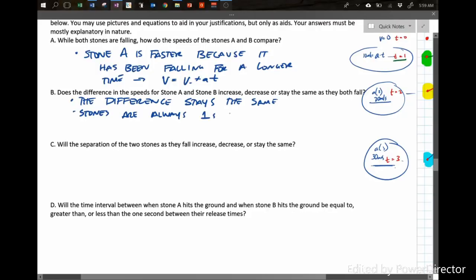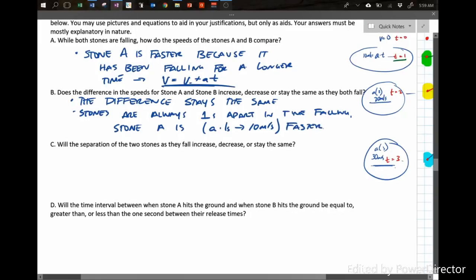The stones are always 1 second apart in time falling, and because velocity is proportional to acceleration times time, stone A is always basically acceleration times 1 second, or 10 meters per second faster than stone B.